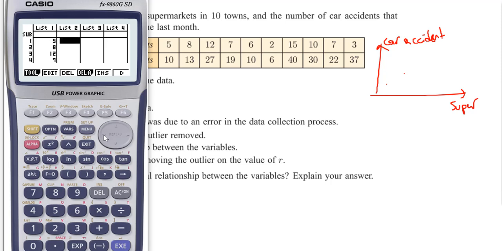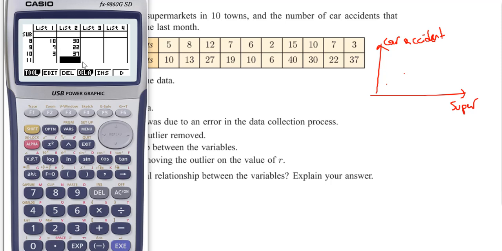Then we go with the car accidents. I hope I input them correctly.